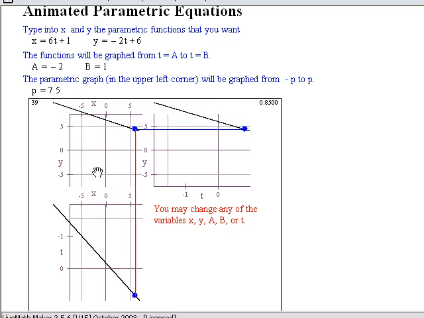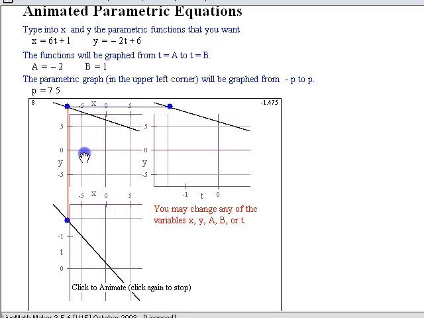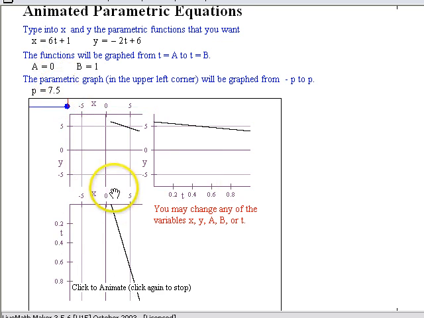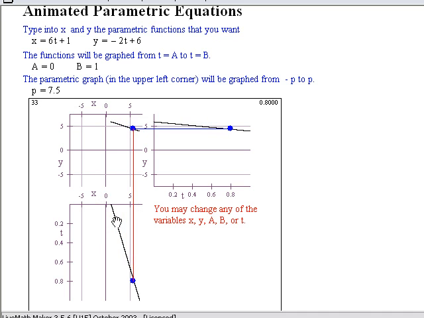But the way I set it up, it makes it really easy to describe that line segment, because I know that the segment I wanted started with t equals 0 and ended with t equals 1. But you still have the whole line if you want it, just by letting the t values go from negative infinity to positive infinity. There's my line segment.